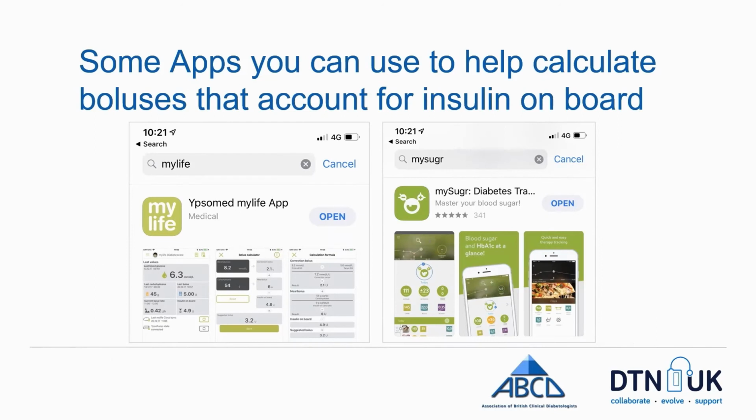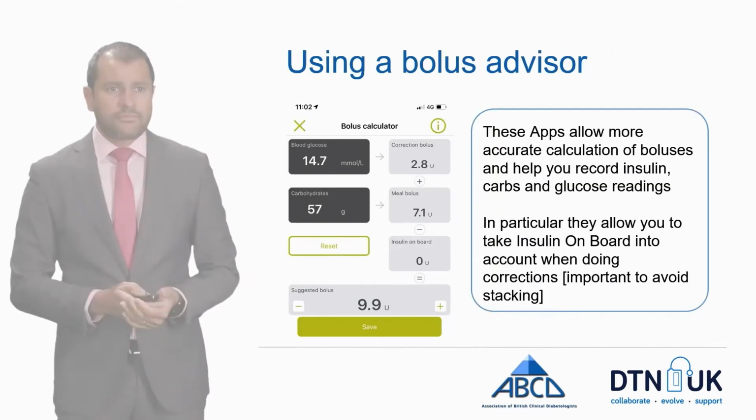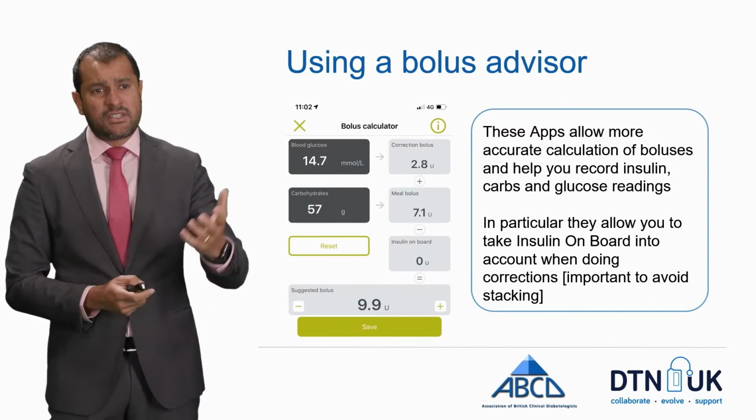2 of the apps that we routinely use that allow you to put in all your settings and use the Libre data and have the insulin on board information on them are the MyLife app and the mySugr app. So have a look at those and discuss that with your healthcare team, and you might find those useful. The way these would work, this is the MyLife app.